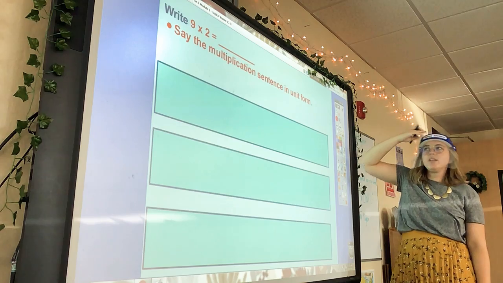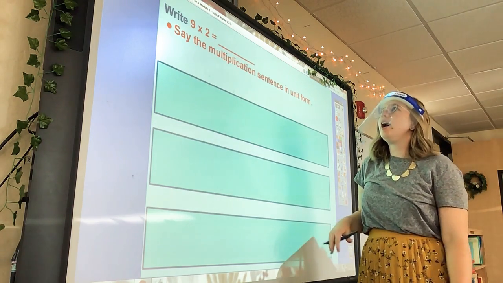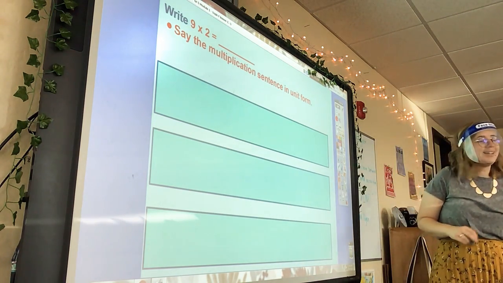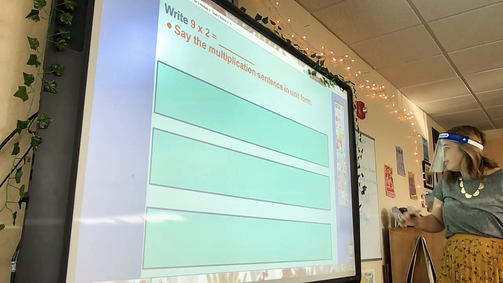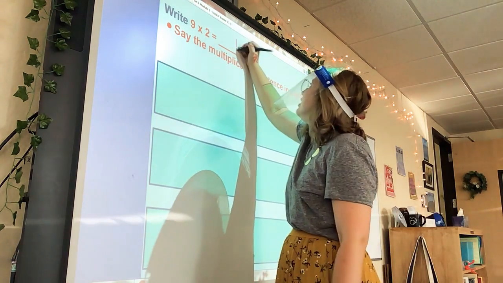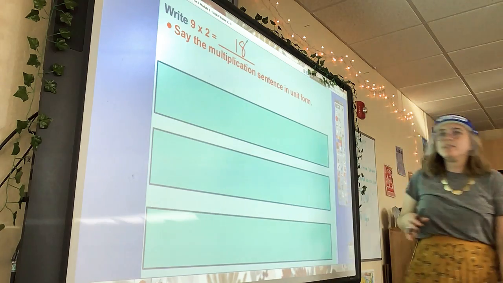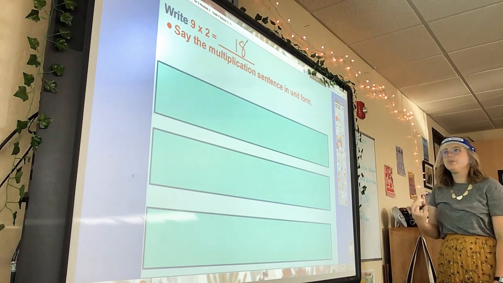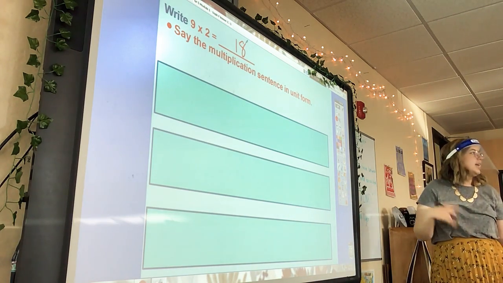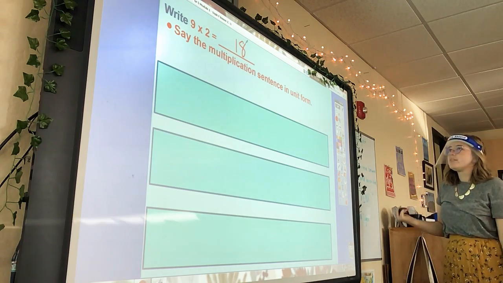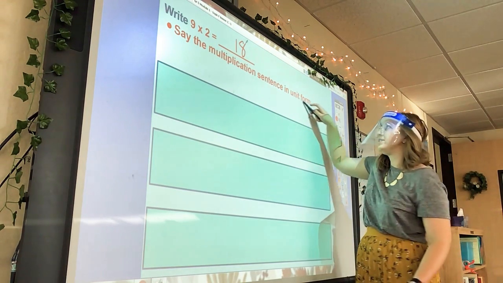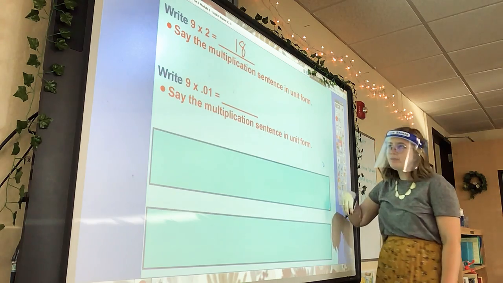All right, so my friends, really quick, 9 times 2, think about it. 9 times 2, go. 18. 18, good. So this is 9 ones times 2 ones equals 18 ones, right? Or 1 ten, 8 ones. So I just said the multiplication sentence in unit form. Okay?